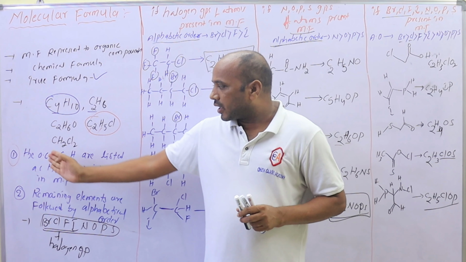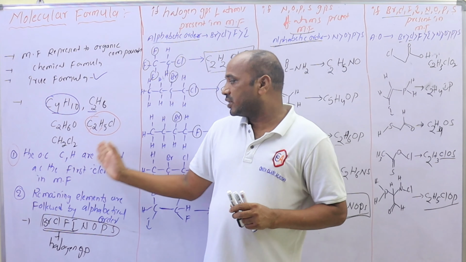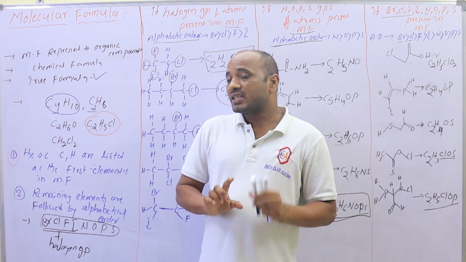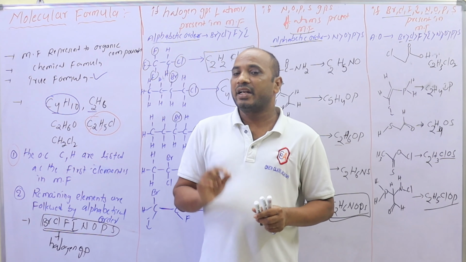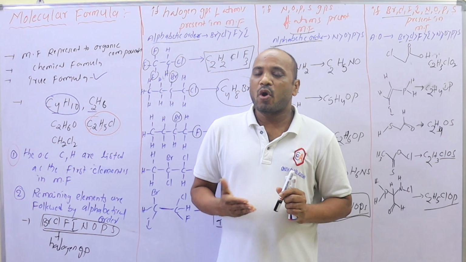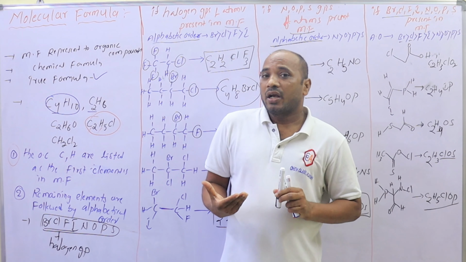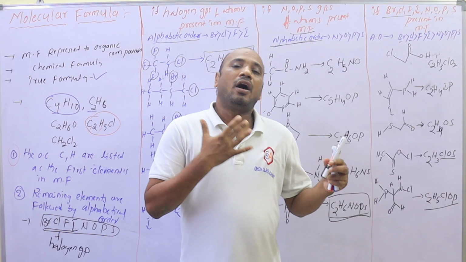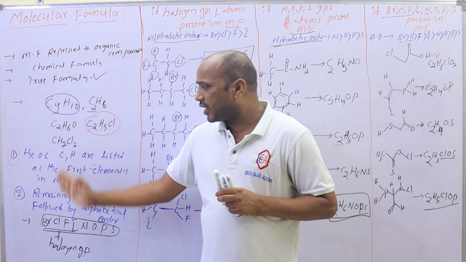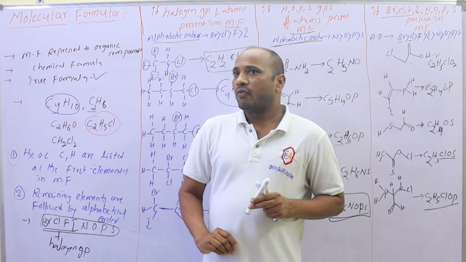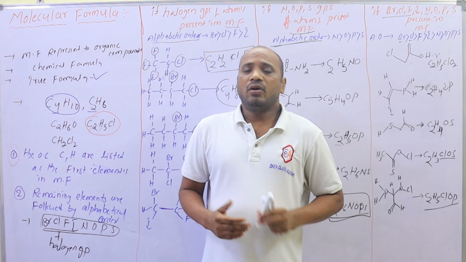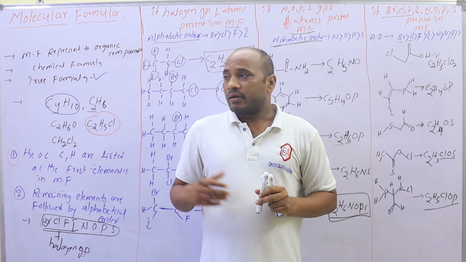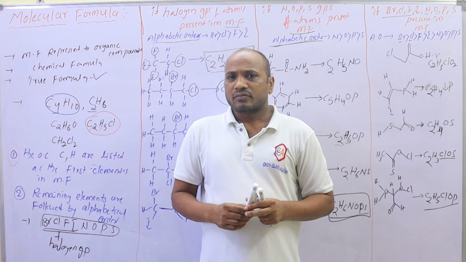In organic compounds, carbon and hydrogen are listed as the first elements in the molecular formula. That is one key point. The next key point is the remaining elements follow alphabetical order. These are very important key points about molecular formula, and you can easily find the molecular formula from a given structure.